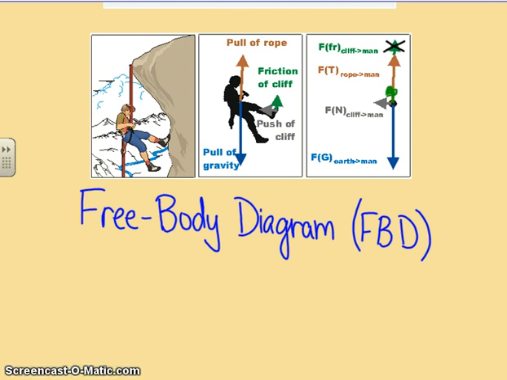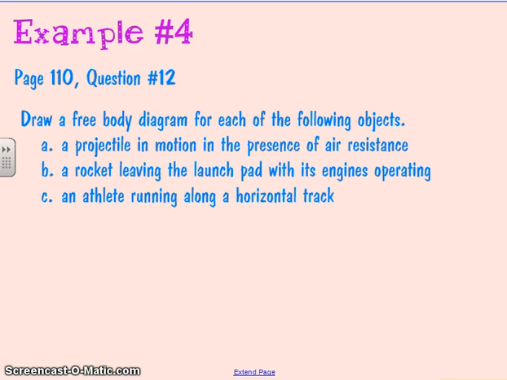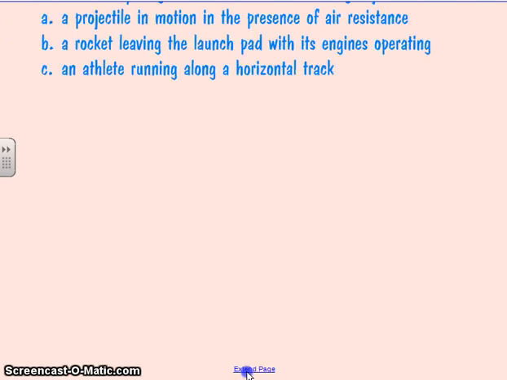This next example problem will let us use our knowledge of free body diagrams. It asks us to draw a free body diagram for three objects. We'll start off with the first one. The first one is a projectile in motion in the presence of air resistance. We'll start off with a dot for our projectile.